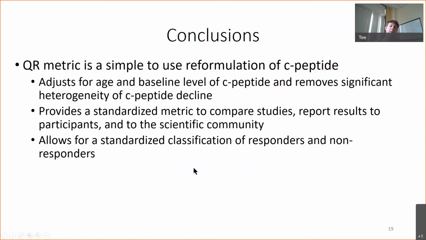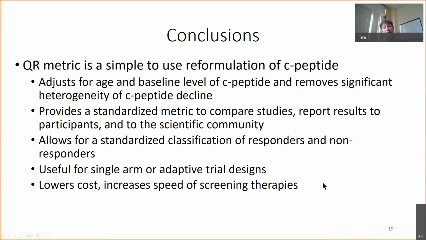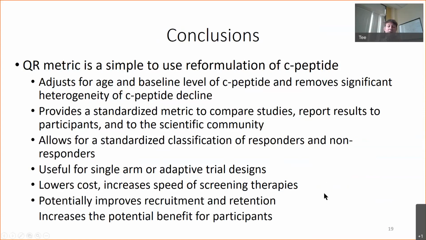And it allows for a standardized classification of responders and non-responders, which is useful for single-arm and adaptive trial designs, and lowers cost and increases speed of screening therapies, which we greatly need, and gives the potential to improve recruitment and retention, and of course, hopefully allows participants of these studies to have a greater chance of benefiting from some of these experimental treatments.